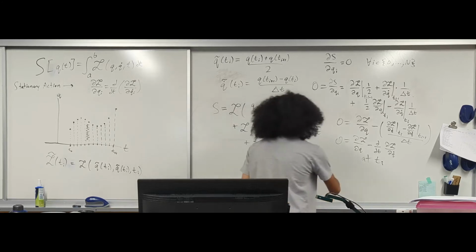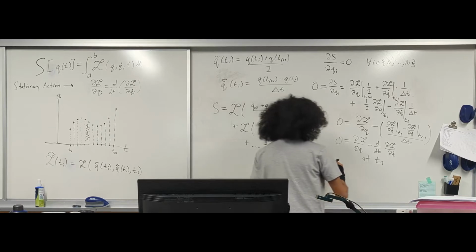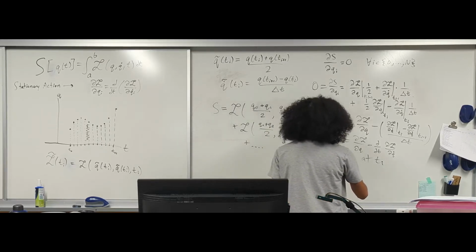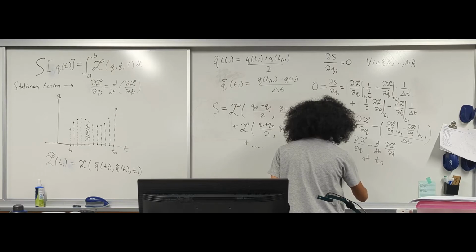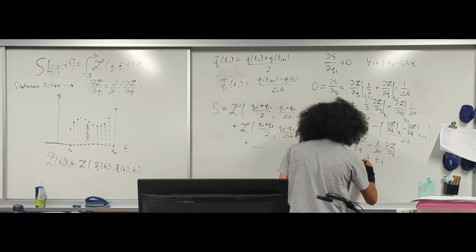So once we do the full limit, for all times t, we can write this as dL by dq is equal to d by dt of dL by dq dot.